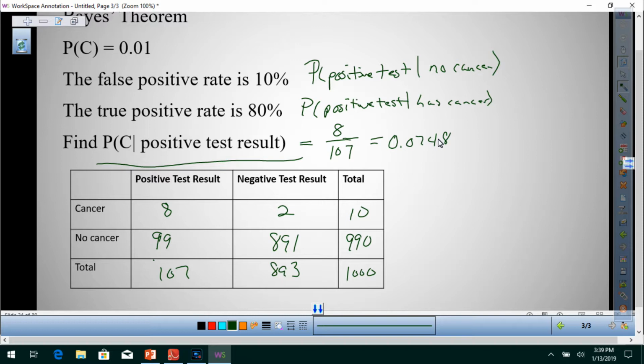Now, that's how to do it. There's actually a slightly easier way than filling all this out, but you might prefer to do it this way.